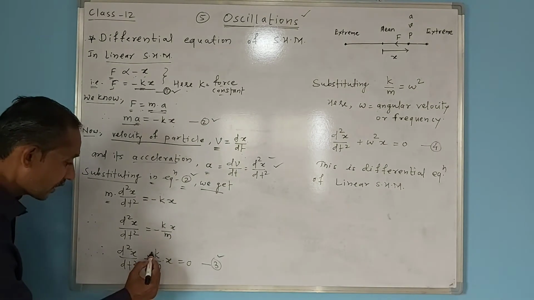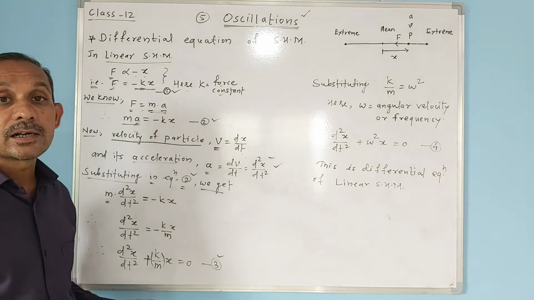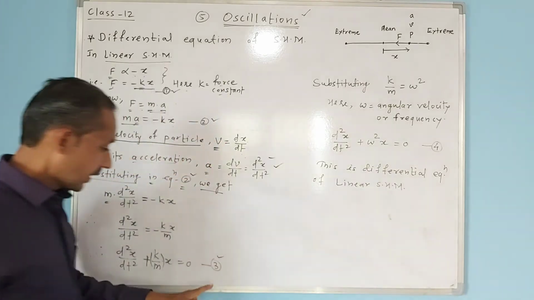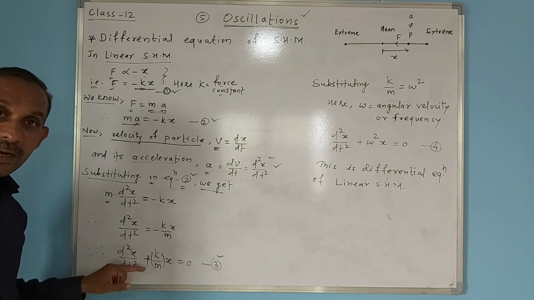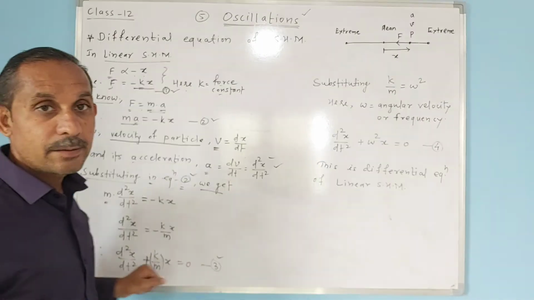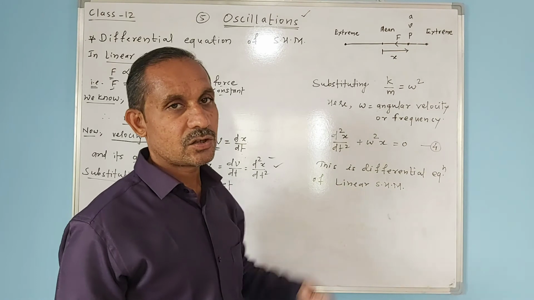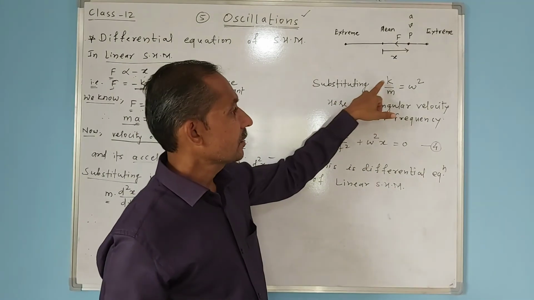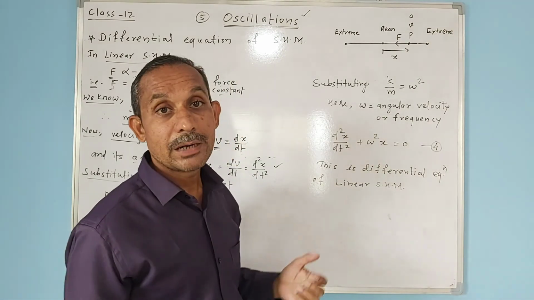In this equation the ratio k/m can be written as omega square. We will discuss that in a later topic. And what do we mean by omega?